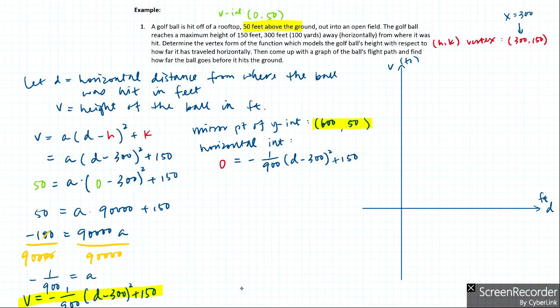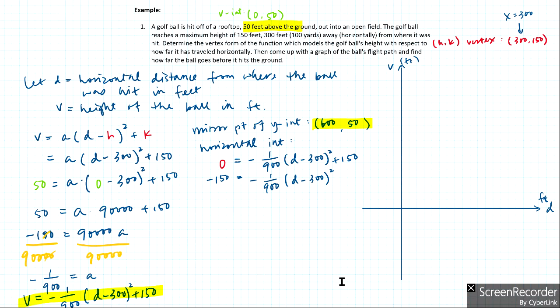So to isolate things, we want to subtract 150 on both sides first. We get negative 150 is equal to negative 1 over 900 times d minus 300 squared.